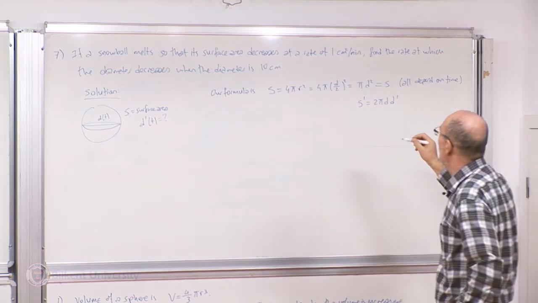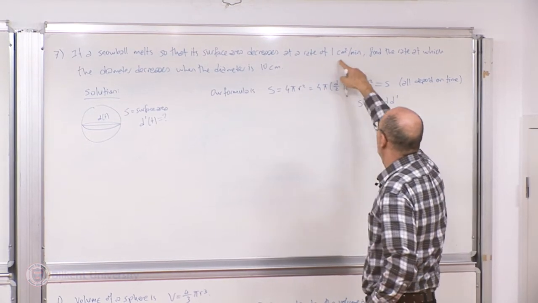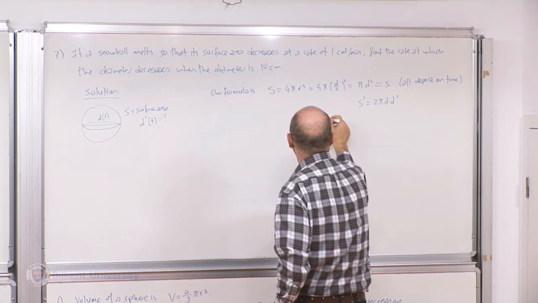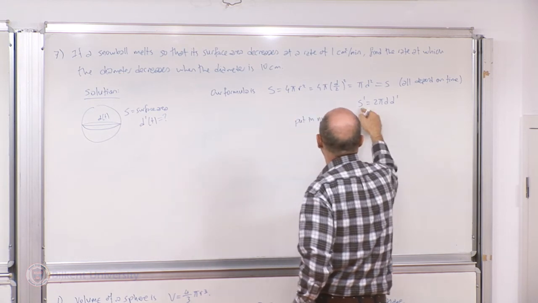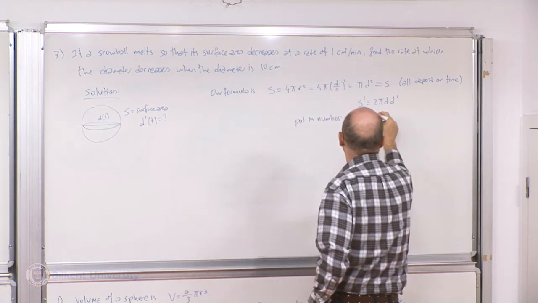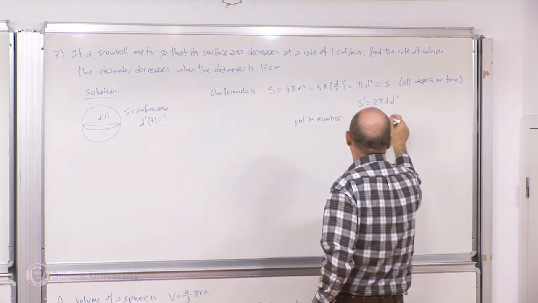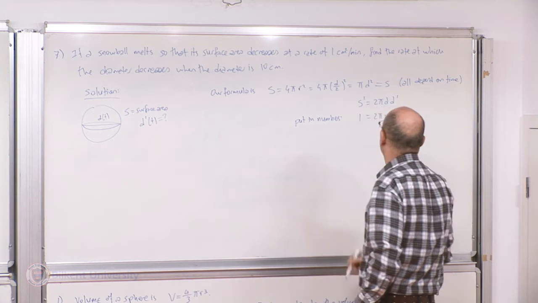Let's put numbers here. S prime is 1, so 1 equals 2 pi times d, which is 10, times d prime.